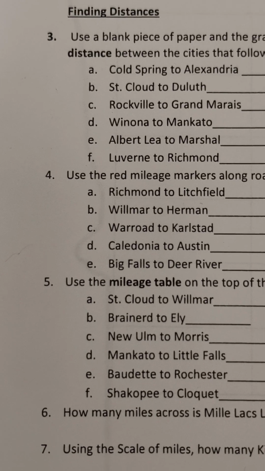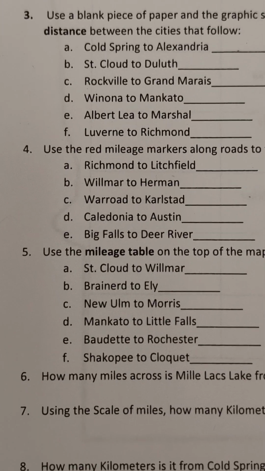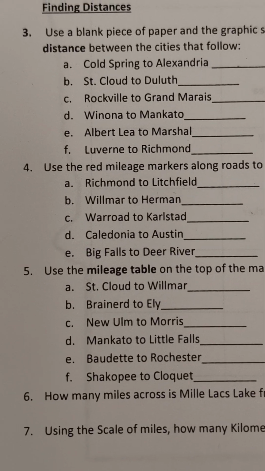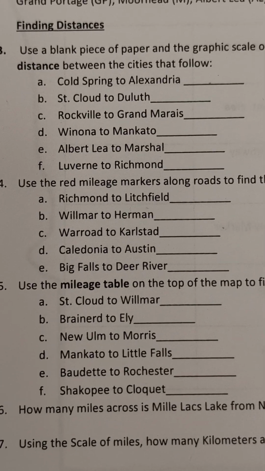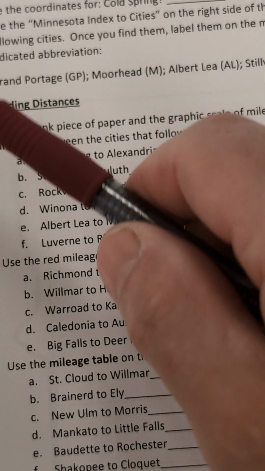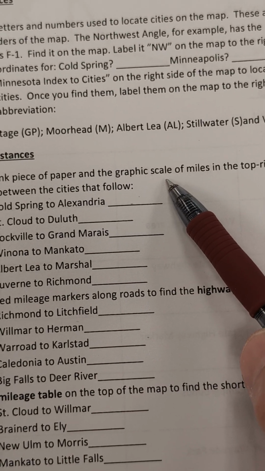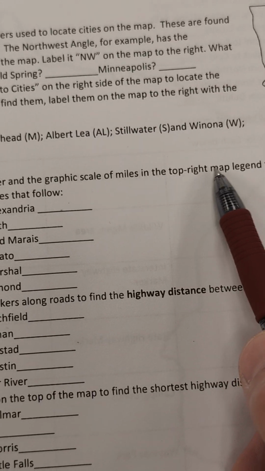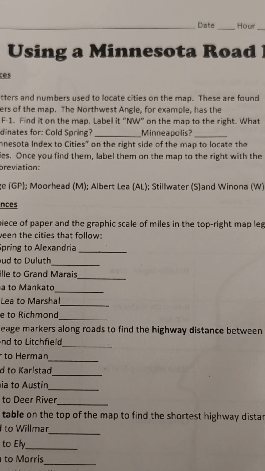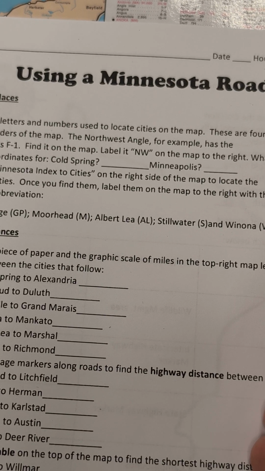Your next task is to find distances. And we find distances on this map in 3 different ways. The first way is to get a blank piece of paper and use the scale of miles on this map. I'm just going to use this piece of paper itself.